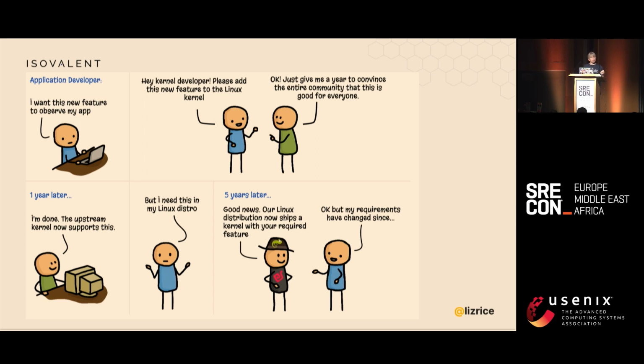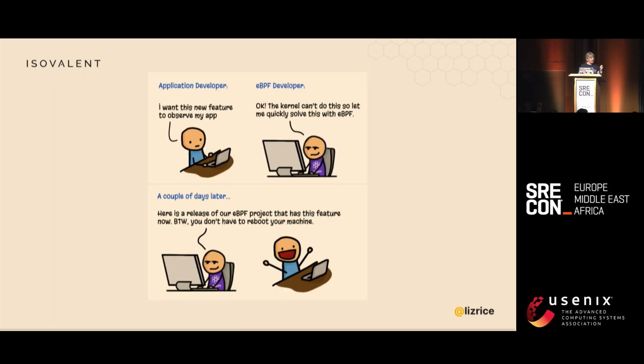But maybe you have a reason why you want a bespoke change to the kernel. eBPF lets you do that dynamically. You can just write the eBPF program that creates the behavior you want, and you can load it into your kernel immediately. Obviously, it's not affecting everybody else in the world, so you don't have to convince the whole upstream community about it. You can change the behavior of the kernel in your own bespoke and custom ways.